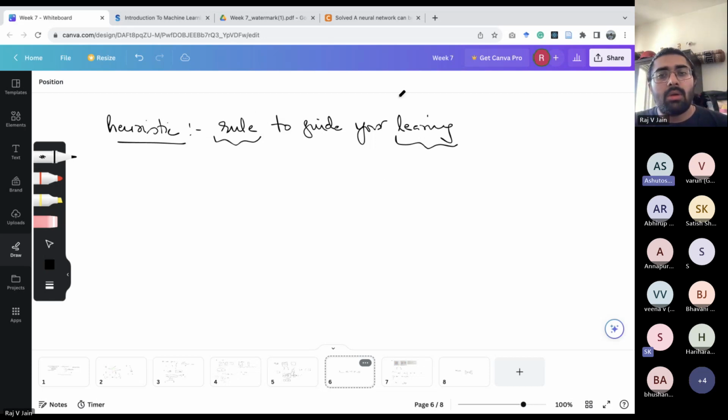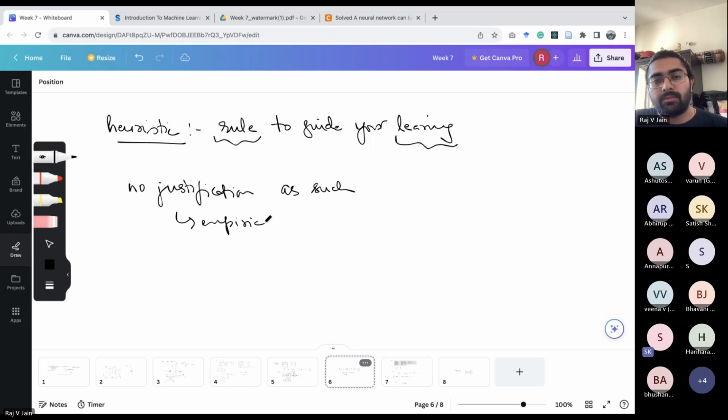If I had to answer the question, I would say it's a rule of thumb, a convention, a tradition, or something which has been seen to work so far, but for which we don't know a justification for why it works. It's basically empirical standard practice, and you implement it. That's how I would define or answer that question. Right.